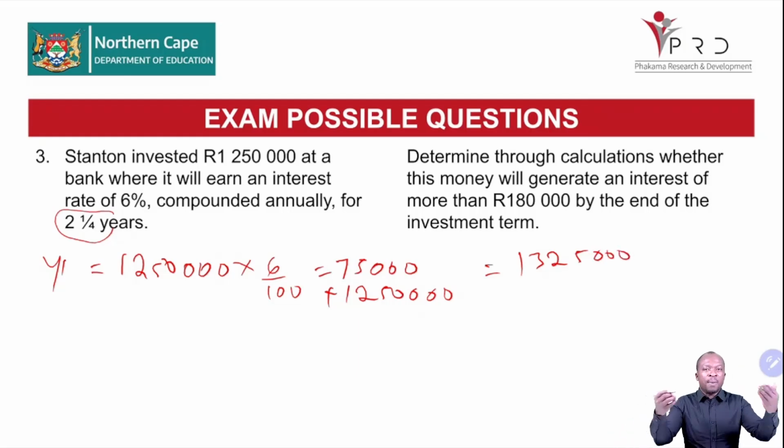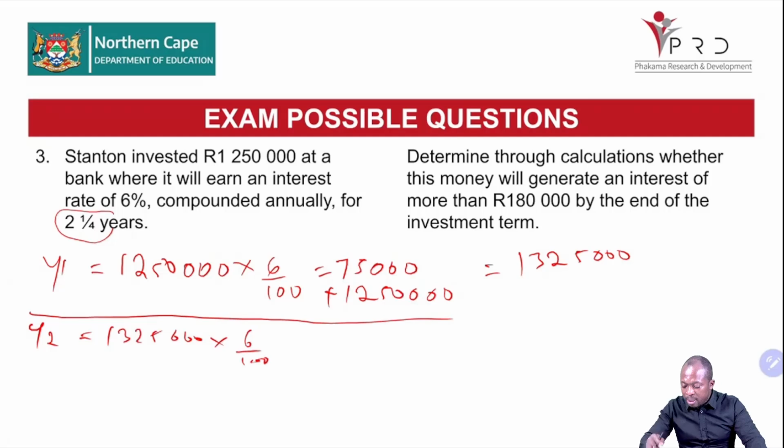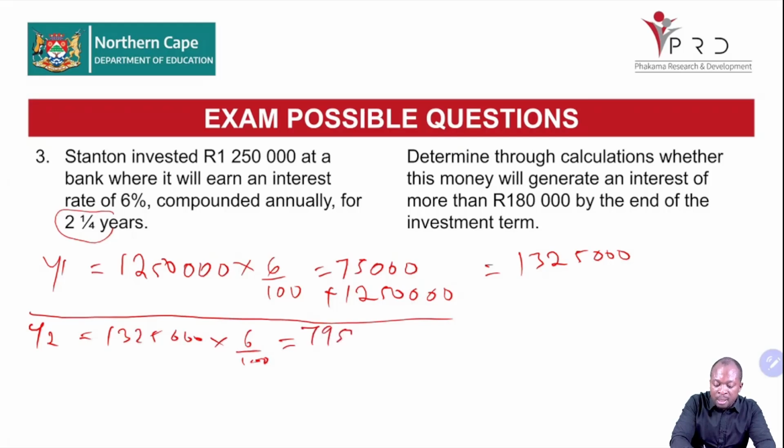We must do the same for year 2. So for year 2, we are going to say 1,325,000 times 6 over 100. The money which is already on your calculator, just say times 6 over 100, and that will give you 79,500. It means the interest we are getting here is 79,500.